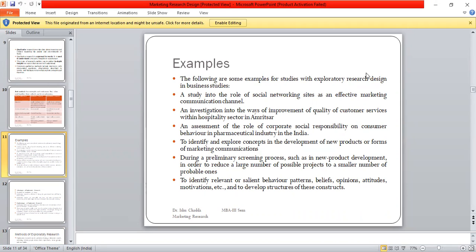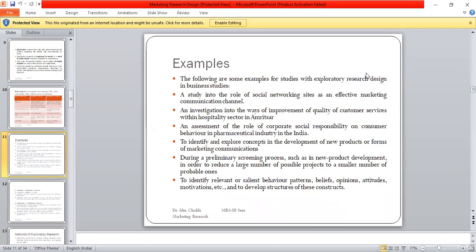So when you want to see whether these social networking sites actually serve the purpose of an effective marketing channel, you use exploratory research design. Another is an investigation into ways of improving the quality of customer services within the hospitality sector in Amritsar, and an assessment of the role of corporate social responsibility on consumer behavior in the pharmaceutical industry in India.